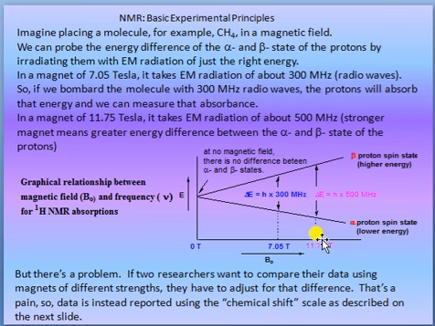Just today I posted a video calculating this difference between the alpha and beta spin states, how the energy increases. If you put your magnetic sample in a higher magnetic field, then the population difference increases accordingly. This B0 means a stronger magnetic field.